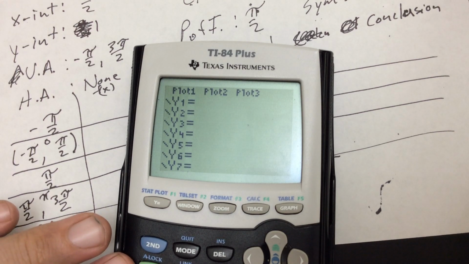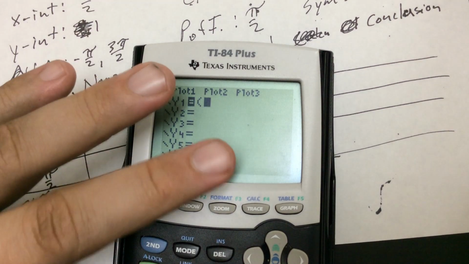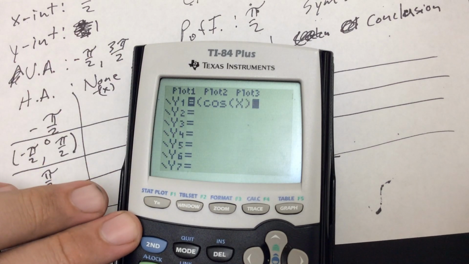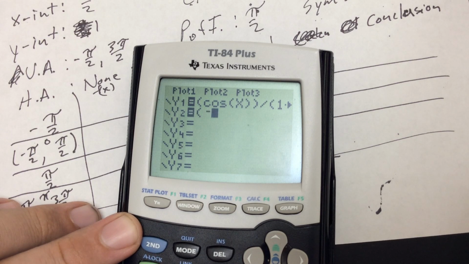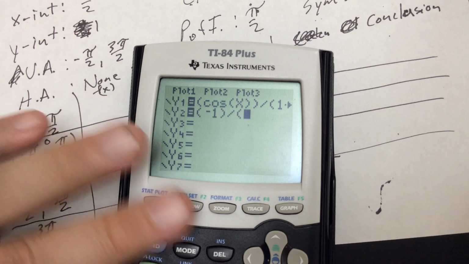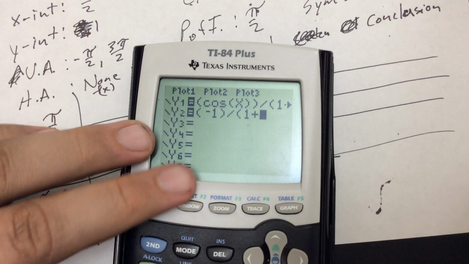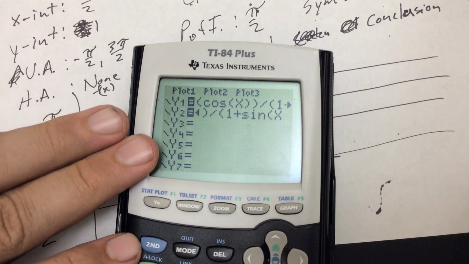So my original here is cosine x divided by 1 plus sine x on the bottom. The first derivative is negative 1 divided by 1 plus sine of x.